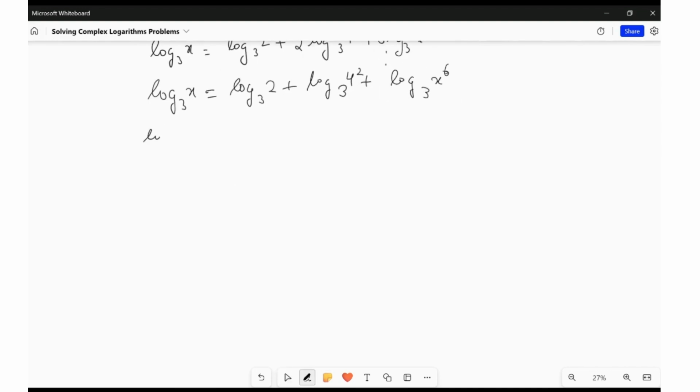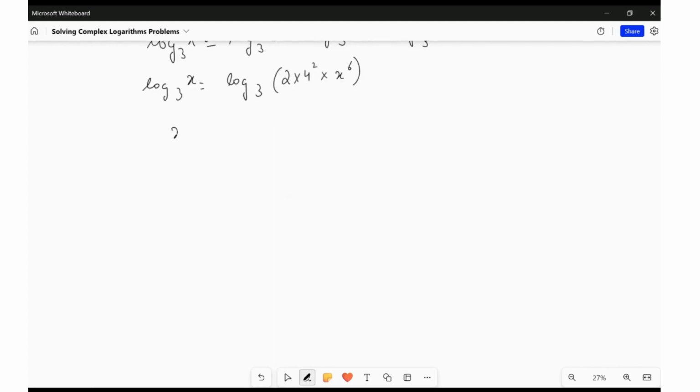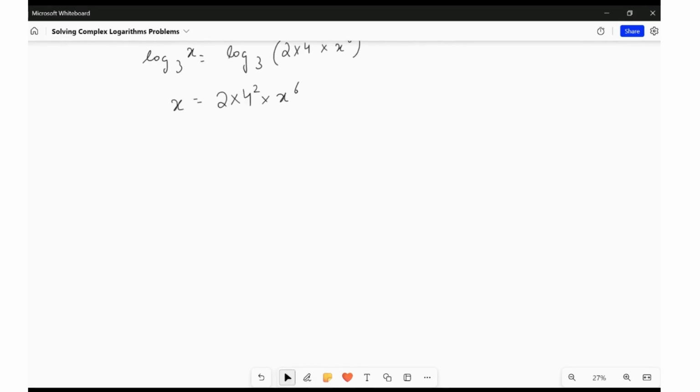Just go further. Now log x base 3 is equal to log 2 into 4 square into x power 6 base 3. Now we have the same bases, we can equate: x is equal to 2 into 4 square into x power 6.